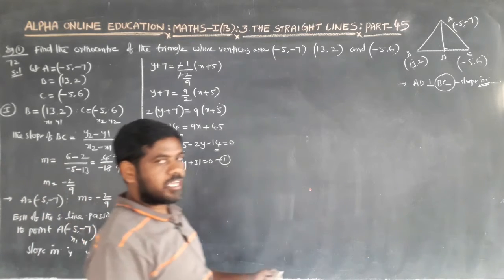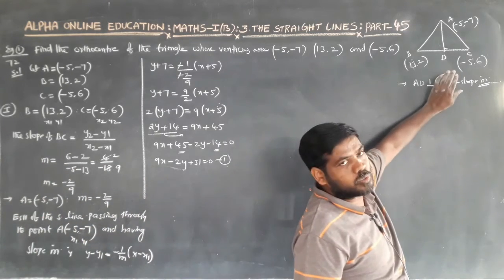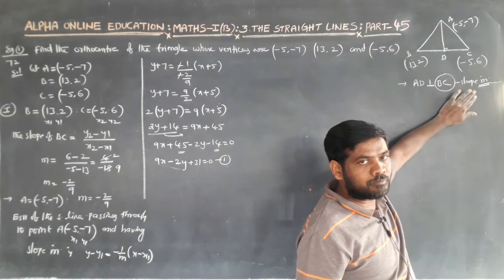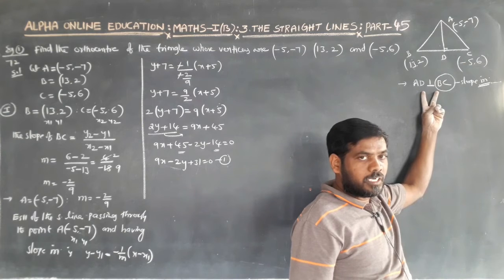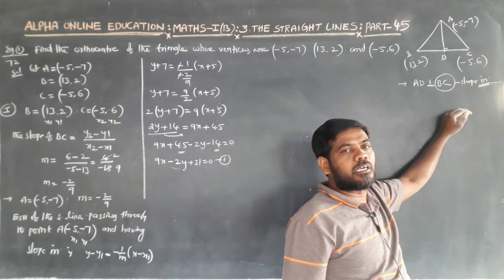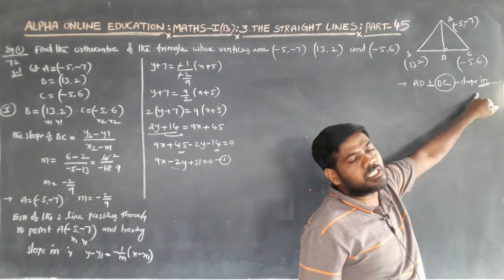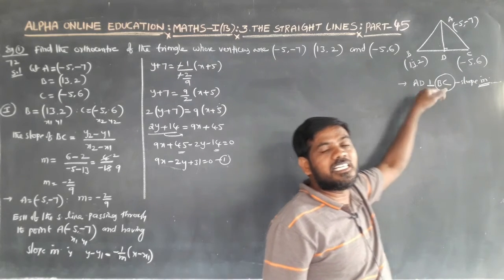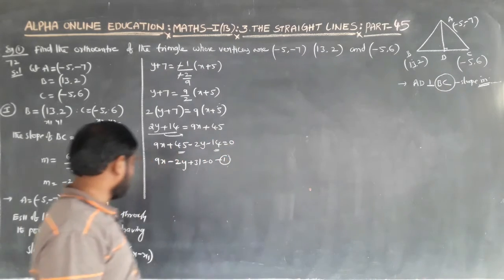Observe here, first find the slope of BC. Let the slope of BC be m. AD is perpendicular to BC, so the slope of AD is minus 1 by m.